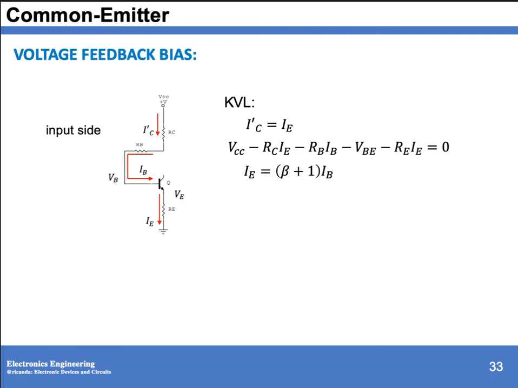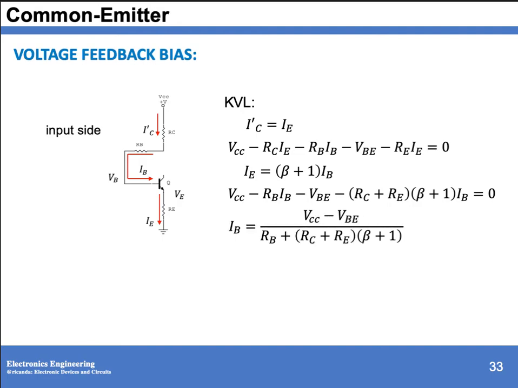Substituting that equation of your IE into your equation, we have VCC minus RB IB minus voltage base-emitter minus the quantity RC plus RE times the quantity beta plus 1 IB equals 0. Remember, RC has a current flowing IE and RE has also a current IE.